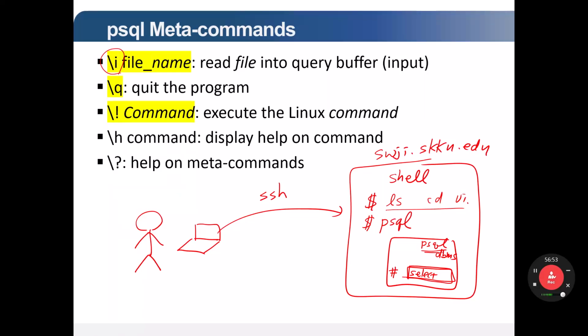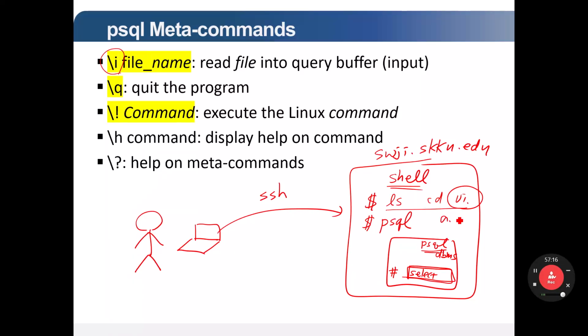So instead of writing long SQL queries inside PSQL, it is recommended to write your queries using the Linux shell. In the Linux shell, you have rich text editors like VI. After writing your query using a text editor, you save it as a file.